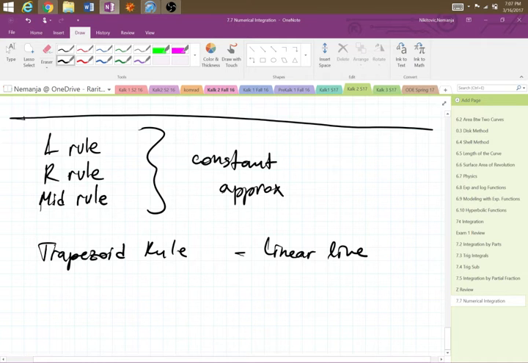And then you have your Simpsons rule, which is quadratic.